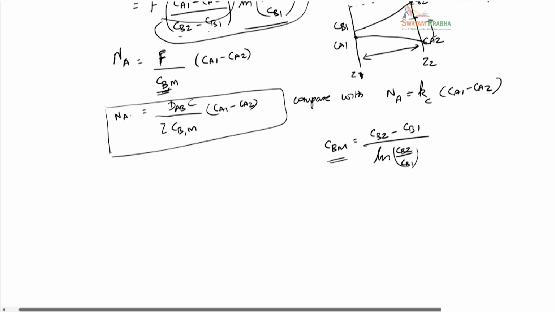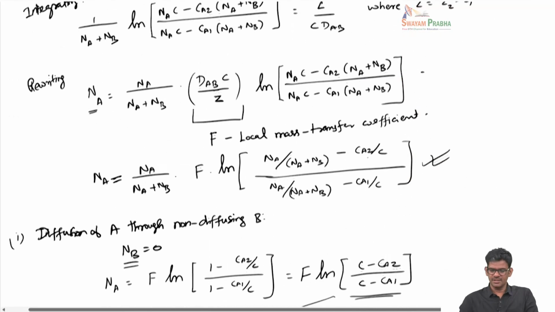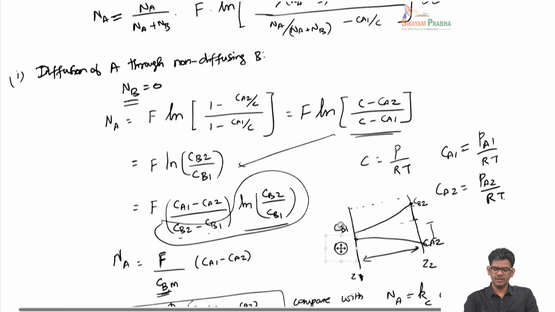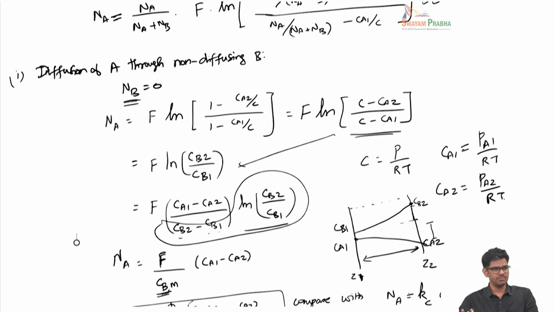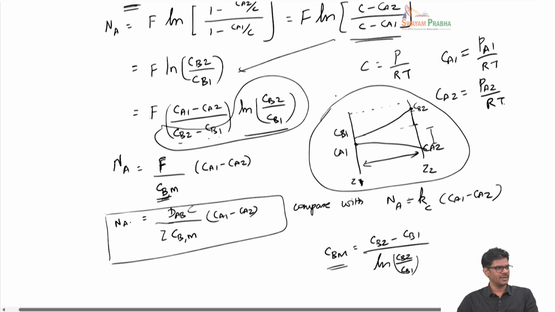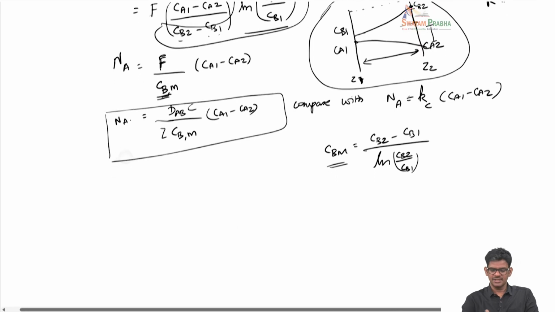So what we have done, let's go back here. We have taken this general expression for the flux, and I'm simplifying this for A diffusing through non-diffusing B, and by making use of the conservation of concentration, or pressure in this case, I'm able to write the flux in terms of concentration difference.